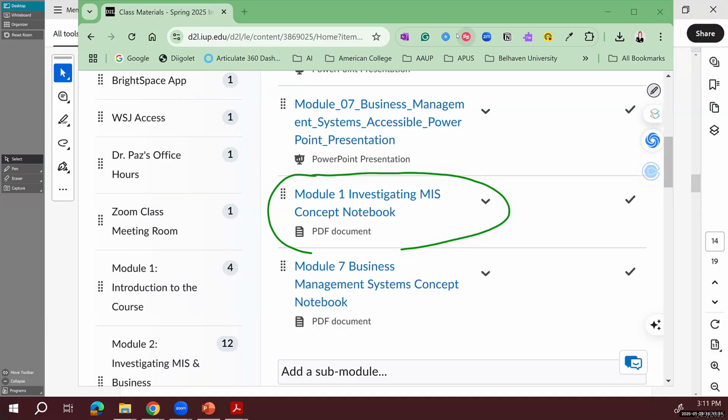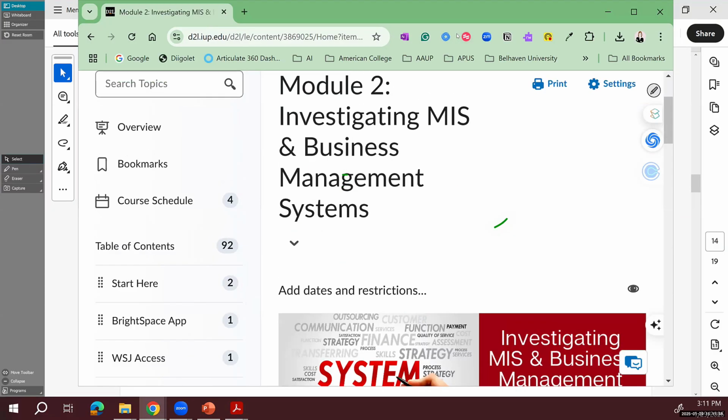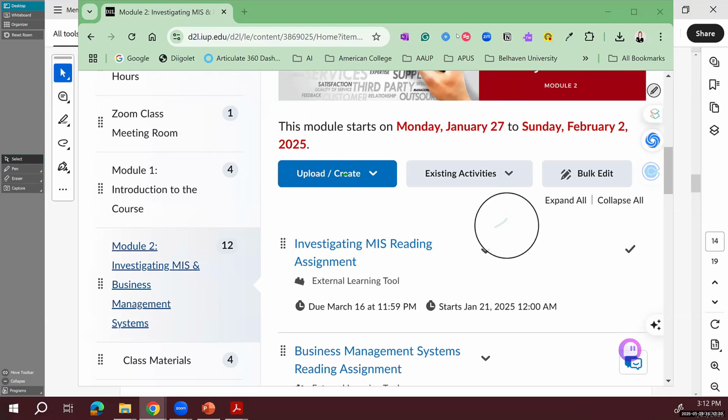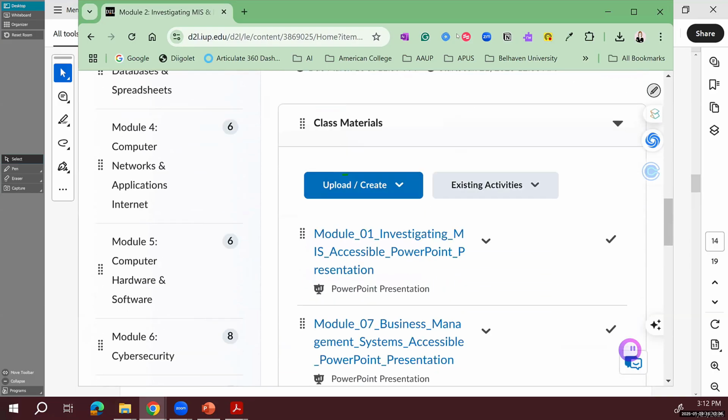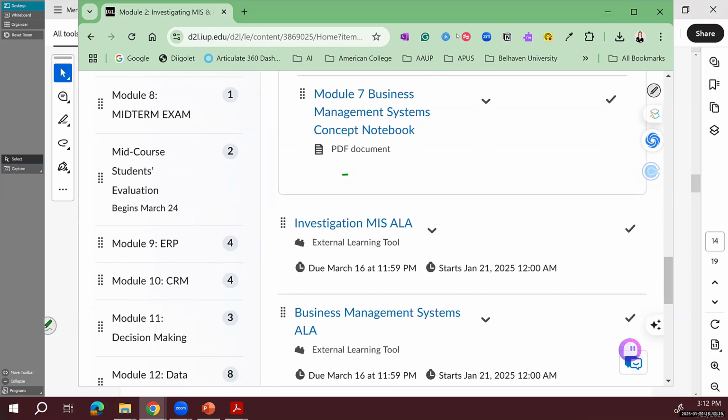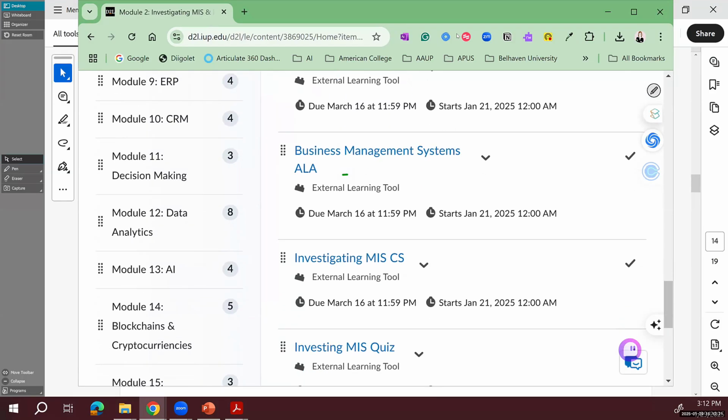And then for this chapter here, investigating MIS, I do believe you have, wait, get rid of this. So I think you have an alternative learning assignment here. So now you can do this, hopefully. And then hopefully after Friday, you can do the other one. This alternative learning assignment is like a smart book, so it kind of helps you.